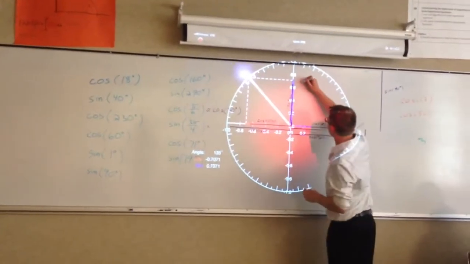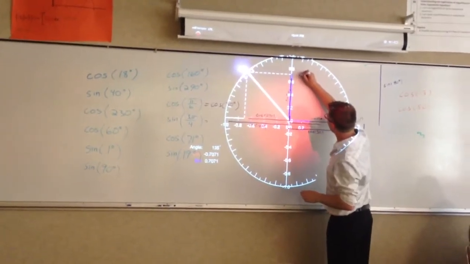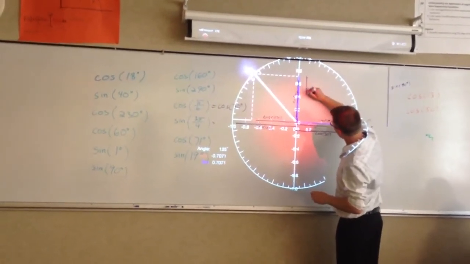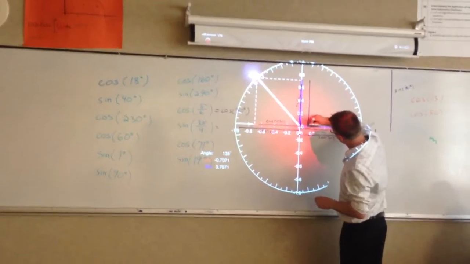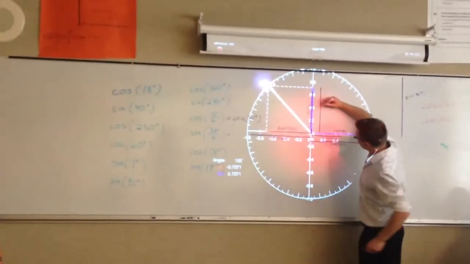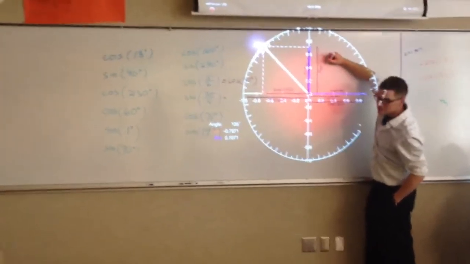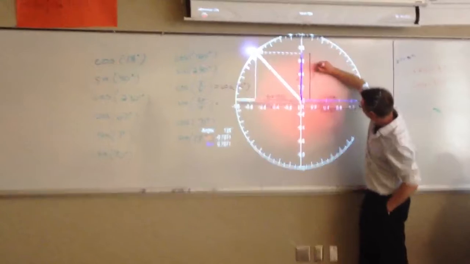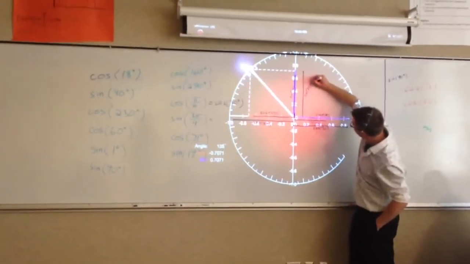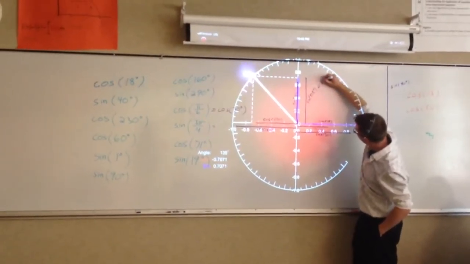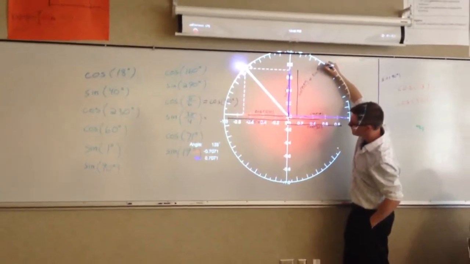So that's here. Here. And that was sine or cosine? Sine. Sine of how many degrees? 135. Or sine of 3 pi over 4?